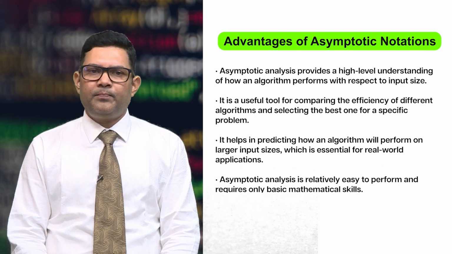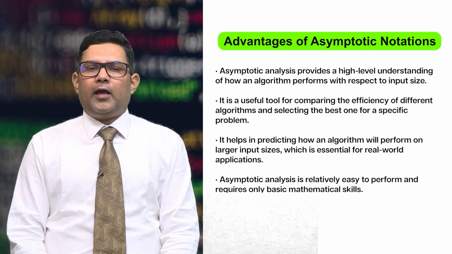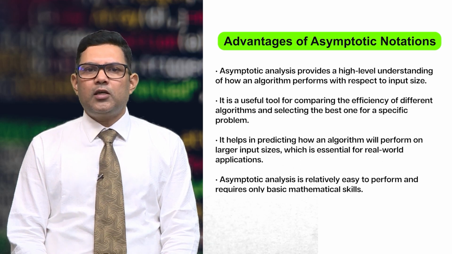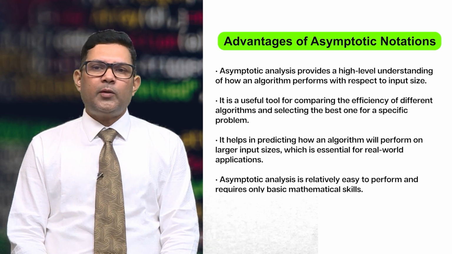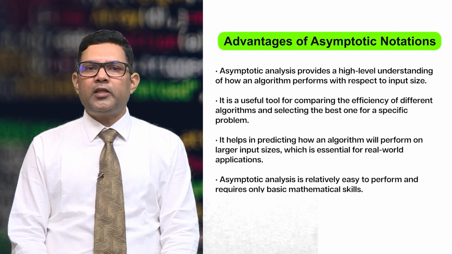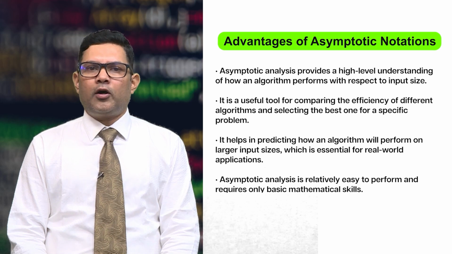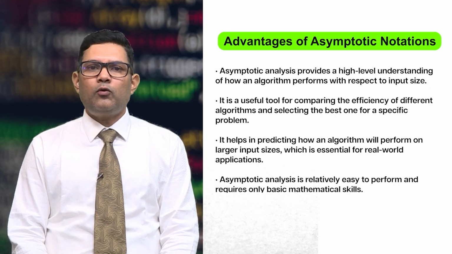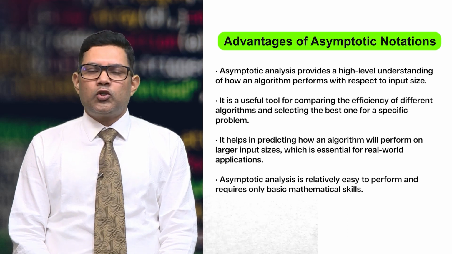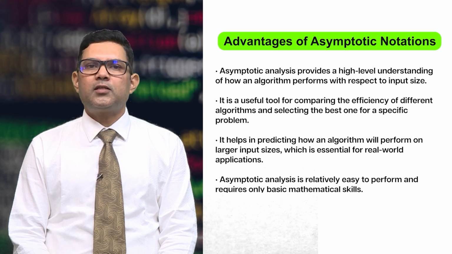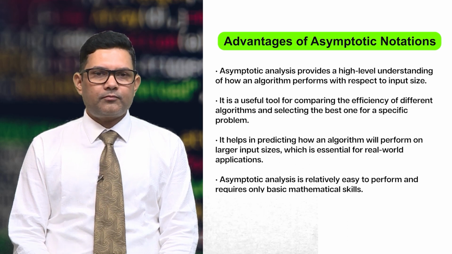It also helps in predicting how an algorithm will perform on large input sizes, which is essential for real world applications. Whenever we use algorithms in a real life scenario, we have to calculate the performance of the algorithm if we increase the input size. So using asymptotic notations, we can monitor the values.